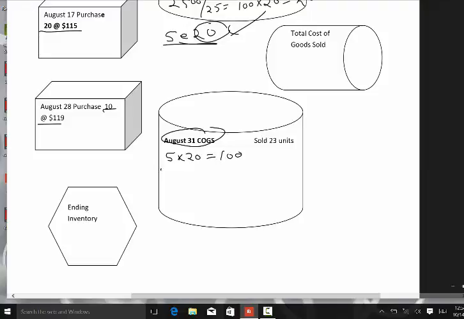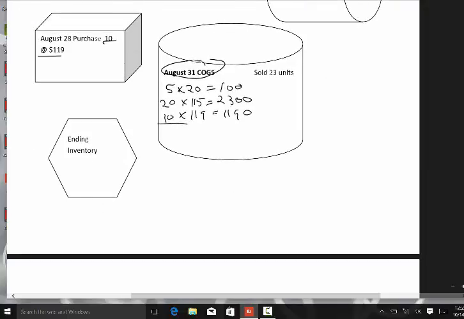And then I have the 20 units at 115. And then I have those 10 units at 119. And so when I add those up, it gives me 35 units at a total cost of $3,590.